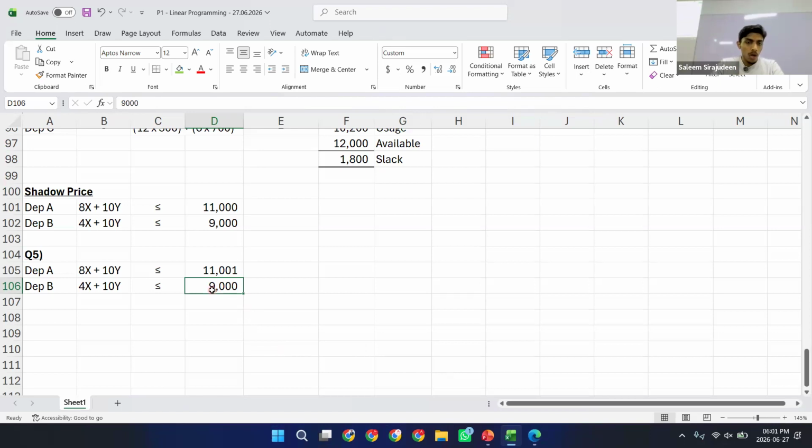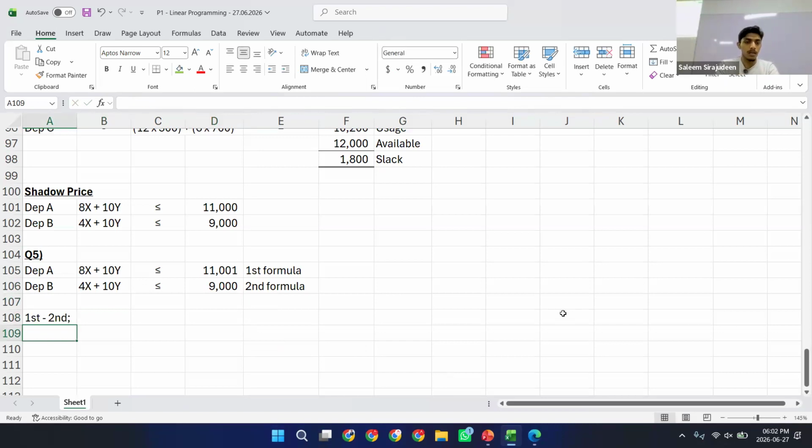So this is your first formula, and this is your second formula. Do you have a common factor here? Yes, 10y. So from the first formula, you can deduct the second formula.